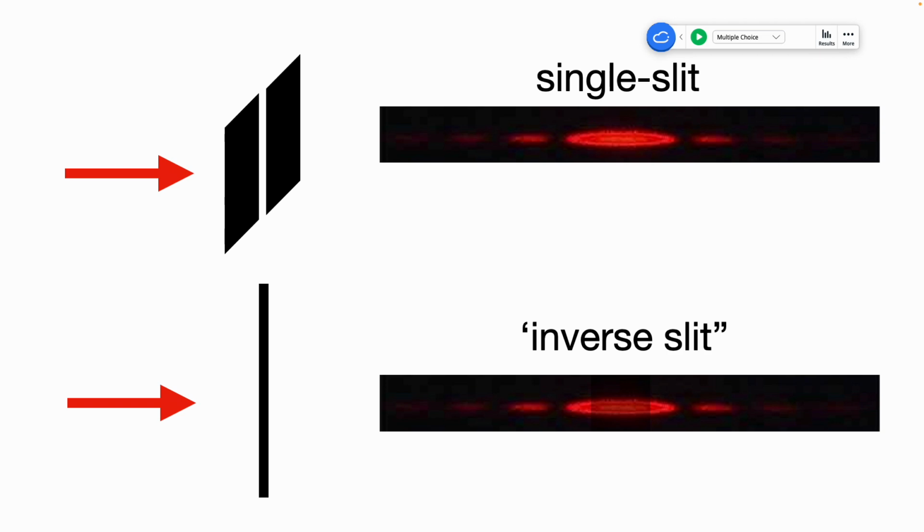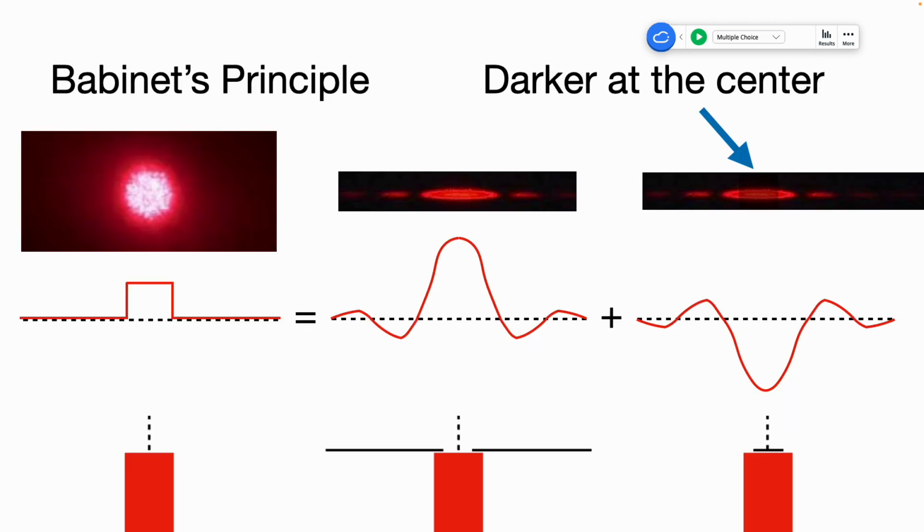You can use this principle called Babinet's principle. You will use this principle to measure the width of your hair in one of your experiments. So you will analyze the result with the single slit interference pattern, even though your hair is not a single slit, it's an inverse single slit.